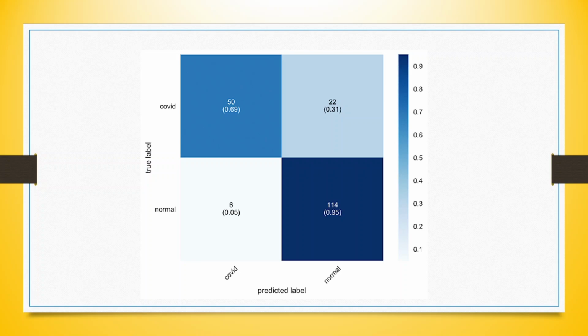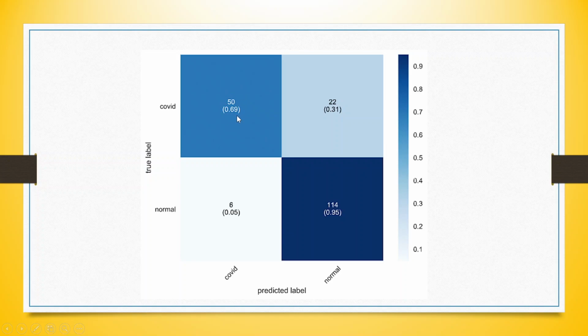Now, how to understand this confusion matrix? Let's take a very small example. A person is having a COVID or a person is normal, that we want to detect with the help of COVID kit. A person is having a COVID and the kit detected it that yes, the person is having the COVID.